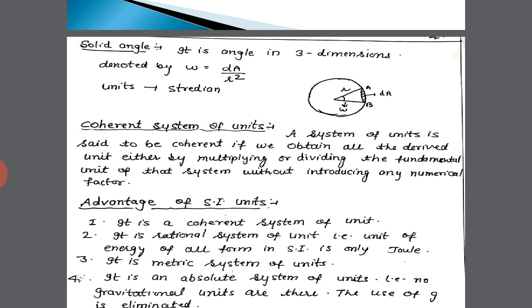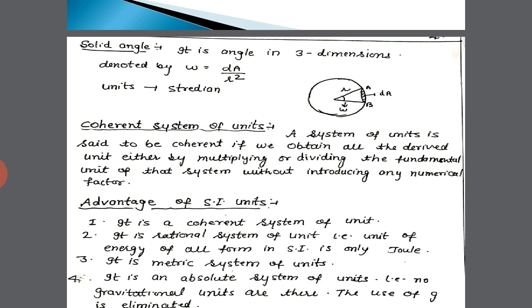R is the radius, omega is the symbol of solid angle, and dA is the small area element. Then the solid angle omega equals dA upon r square, and its unit is steradian. Okay, got it? Let's move further.